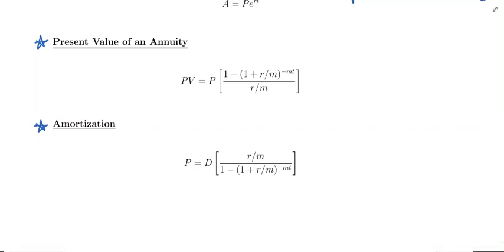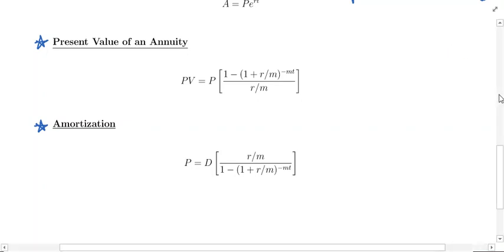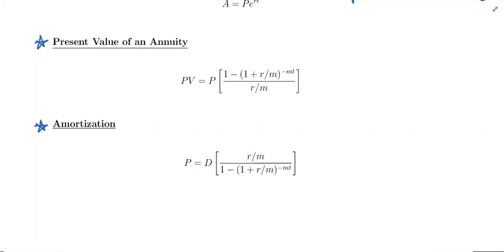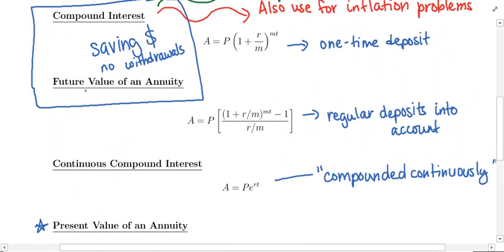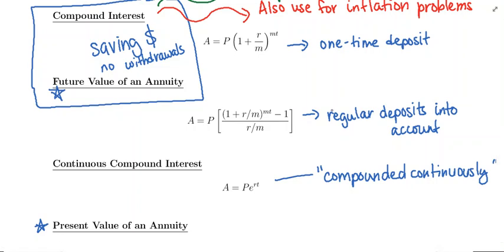So we are going to start with the present value of an annuity formula. First of all, we have seen an annuity before. Earlier in this chapter, we encountered the future value of an annuity formula. If you scroll back up on your formula sheet, that was this formula right here. We said that you use the future value of an annuity formula when you're saving money in a savings account by making regular deposits.